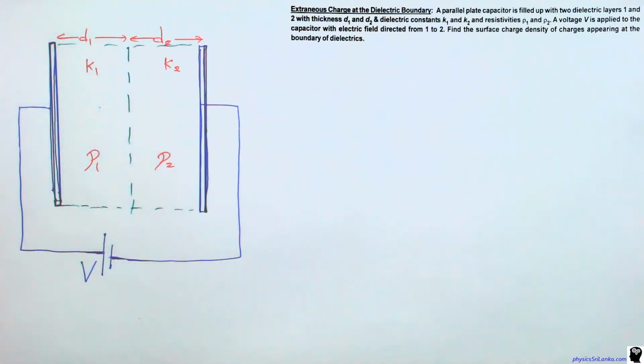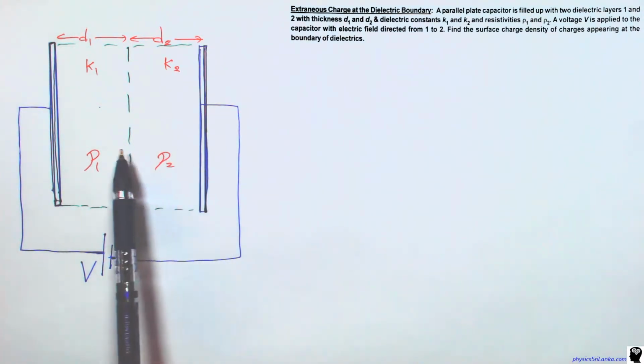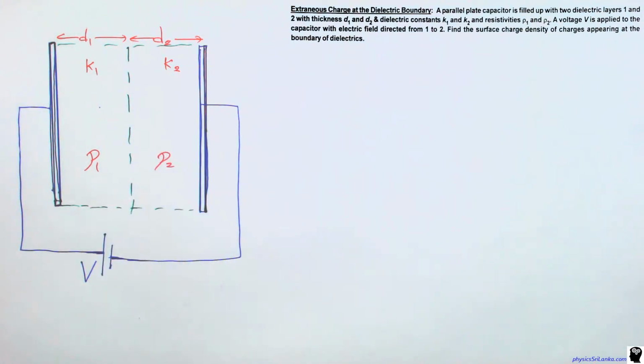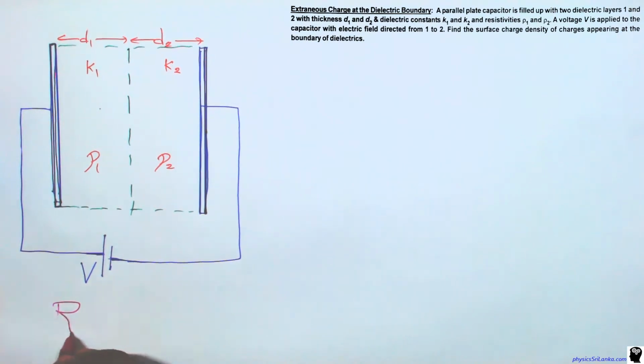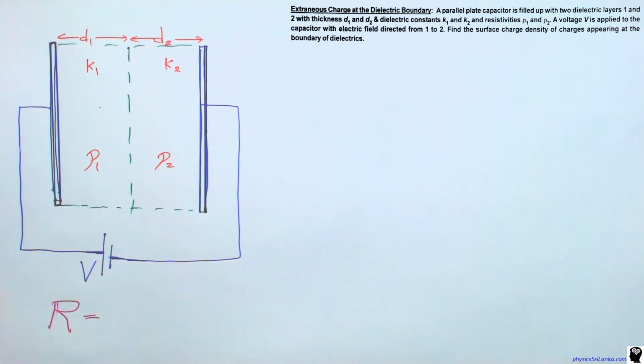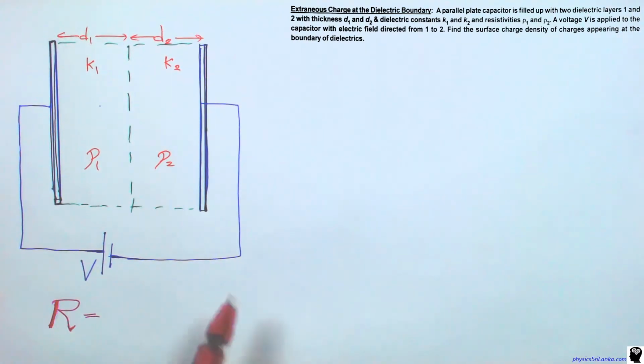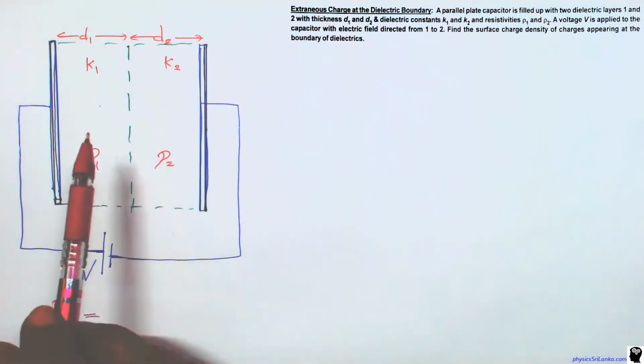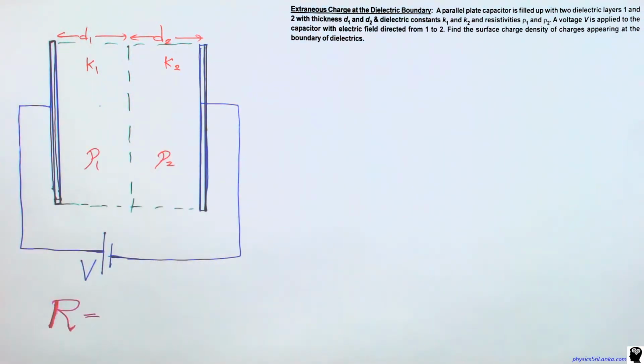In this situation, we know the dielectrics have resistivity. In this case, the capacitor will have leakage current, for which we can first calculate the resistance between the plates, which is given by the series combination of the resistances of these two dielectrics.